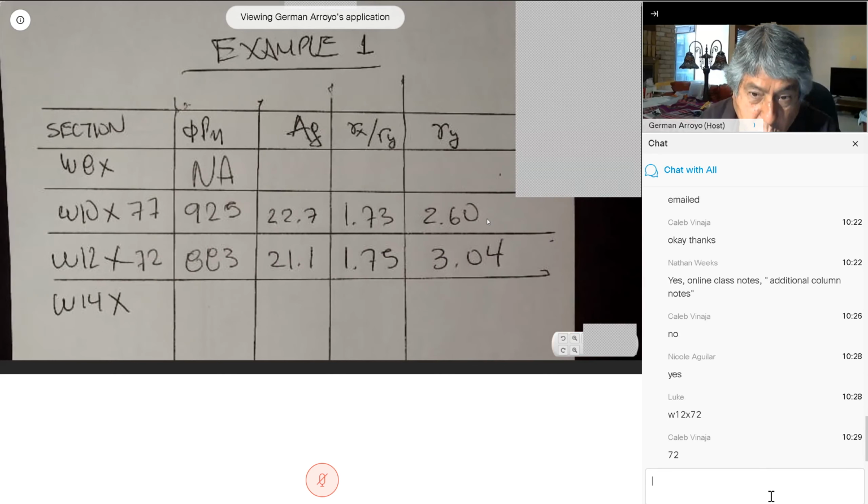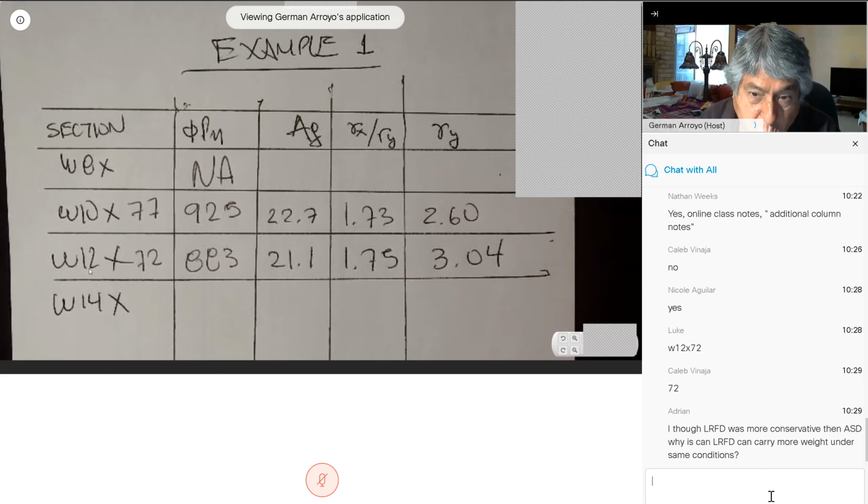We went to the W12. We went with KLY 8 and a PU of 840. We have to give more weight, more conservative, because we're using factored load. Adrian, we're using the factored load, and we are not using the service load.